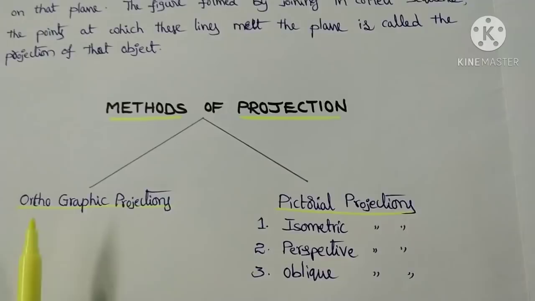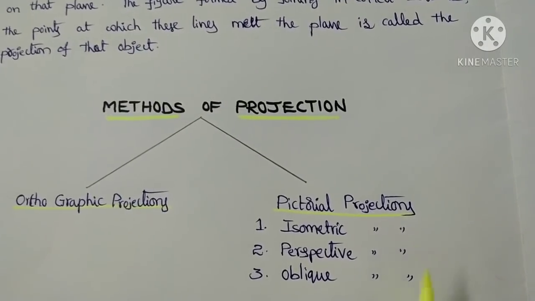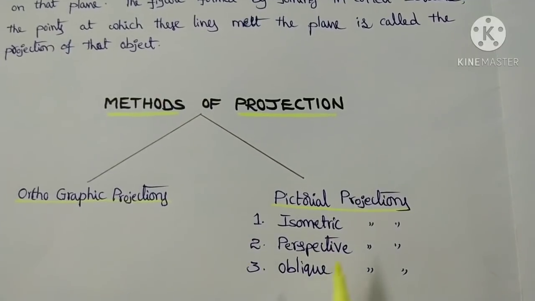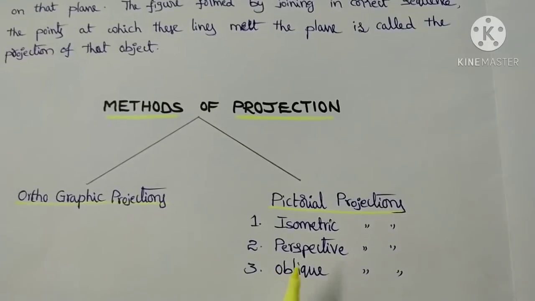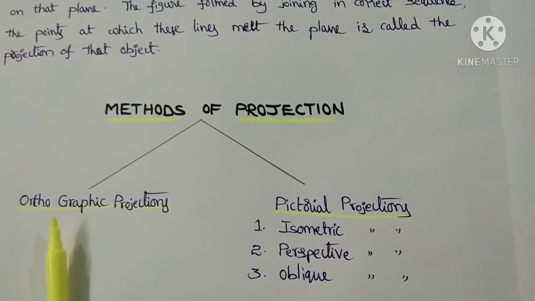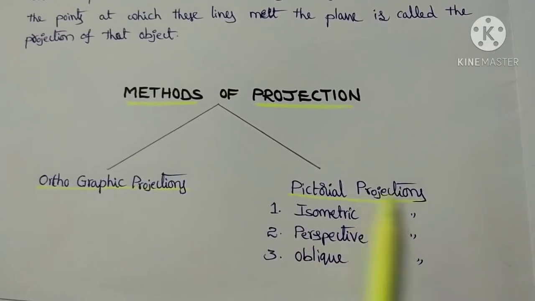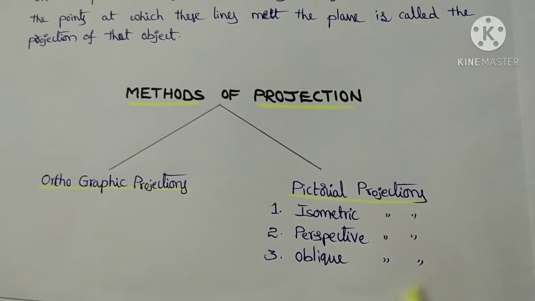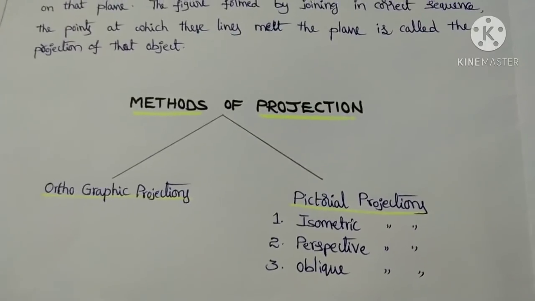Now let us move to the principle of orthographic projection. Every type of projection has its own principle. Here in this concept we are going to see the principle of orthographic projection. Later we will be discussing the principles and problems on the remaining pictorial projections.